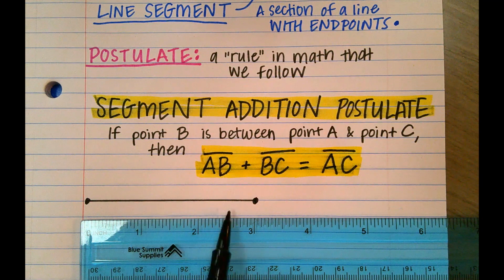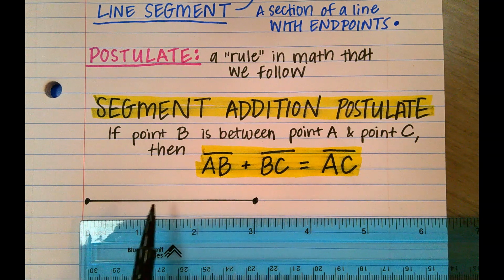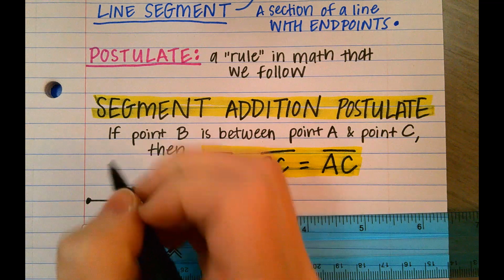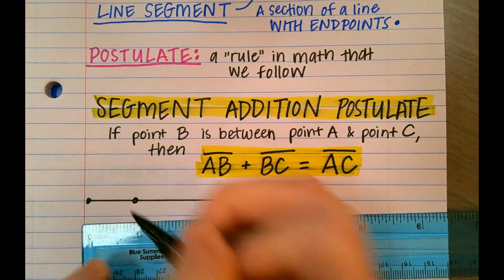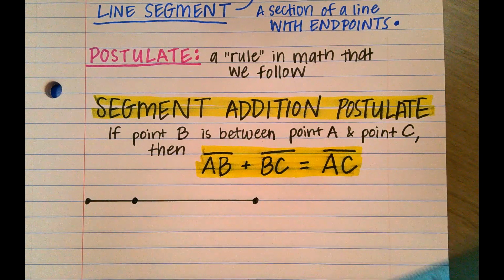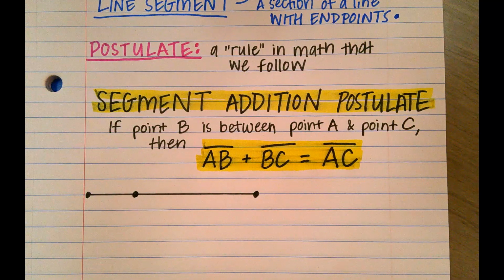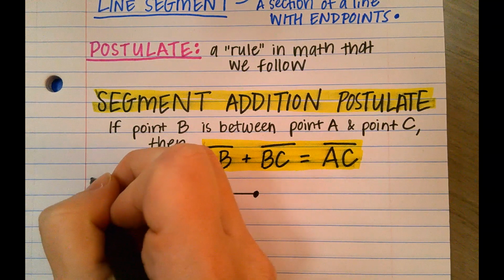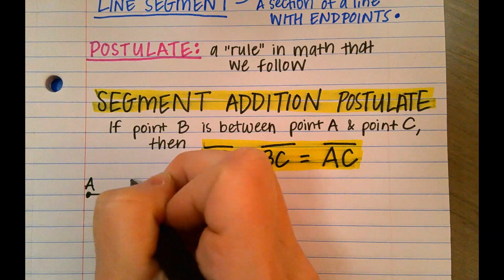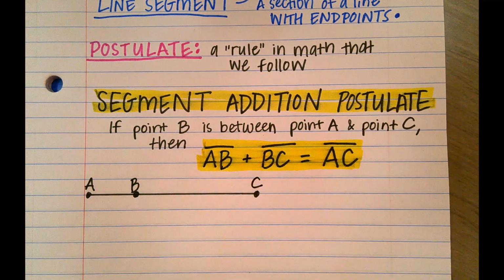And somewhere in between those 2 points on the line, I will put a third point. About like that. And then we're going to label those points. First is A, then B, then C.